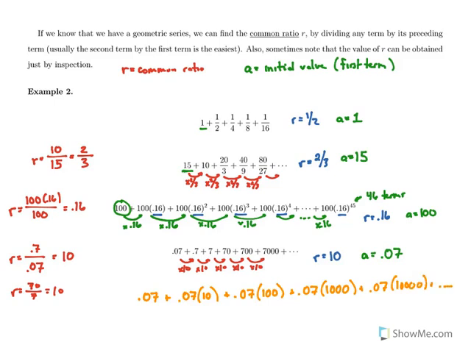And we could write this 10 and 100, 100 is 10 squared, 1,000 is 10 cubed, 10,000 is 10 to the fourth. And this looks pretty similar to that 0.16 example where we have the a value times r to a different power.